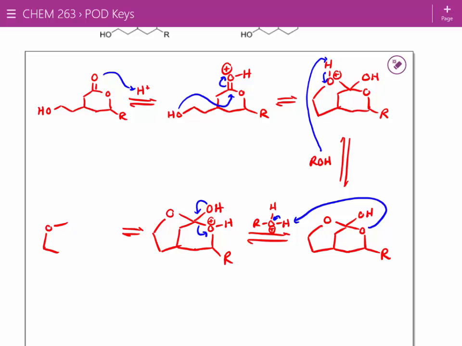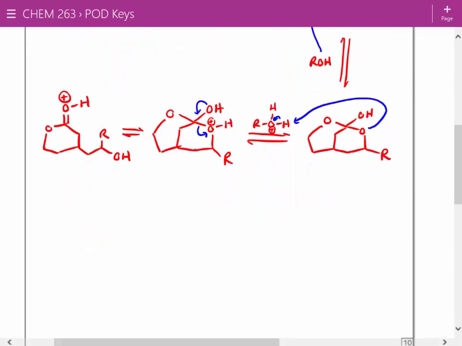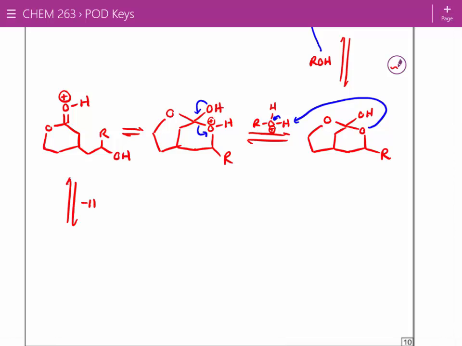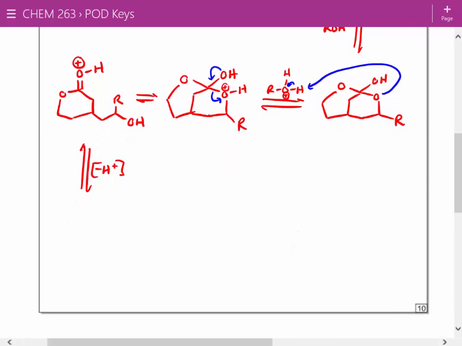And now we've got an ester with a positive charge on it. And then in the last step, we can show deprotonation. I'll just show that as minus H plus and regenerate our catalytic acid.